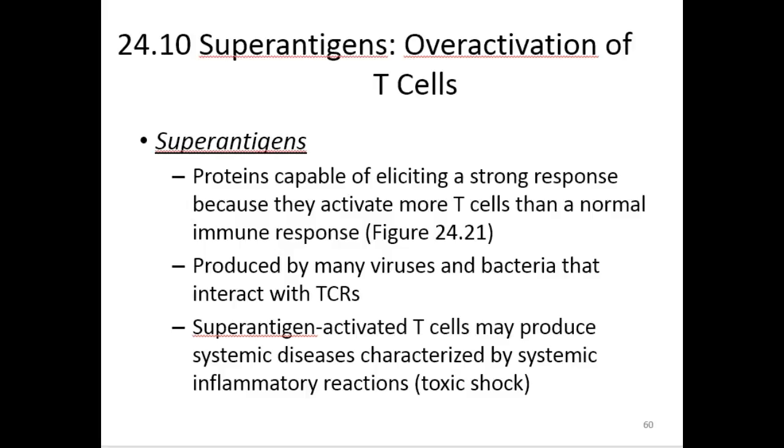So, for example, when you turn on your adaptive immune response, something like 0.0001% of your T cells might be stimulated to clone themselves and help you get rid of a pathogen or prevent infection in a secondary response.